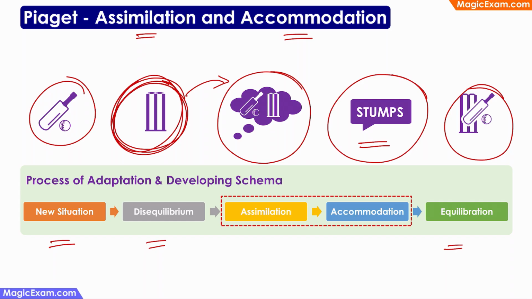So this way, whenever children find themselves in a new situation, they go through a feeling of disequilibrium. And they assimilate the new information that is being given to them into their existing schema. And they accommodate this new information, new words into their existing vocabulary. And then they reach a stage of equilibration. So this is Piaget's assimilation and accommodation.